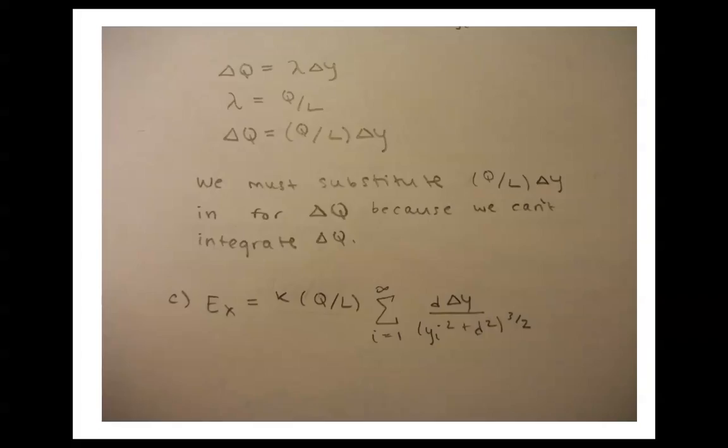Now, we must substitute q over L delta y for delta q to make our equation integral friendly to find our answer. This gives us E sub x equals k times q over L times the sum from i equals 1 to infinity of d delta y divided by y sub i squared plus d squared to the 3/2.